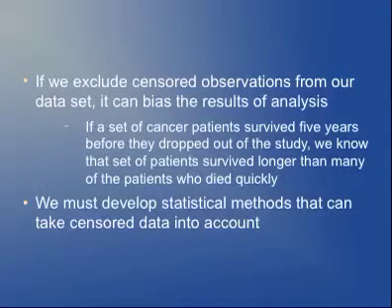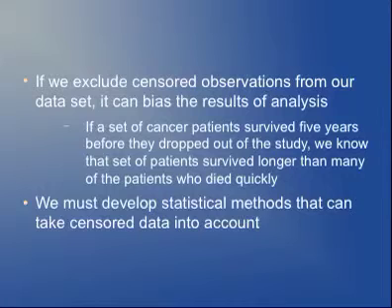For example, if you know that a large segment of your cancer patients survived at least 5 years, maybe these were the patients who were cured or the patients who had good treatment outcomes. If you exclude all of those, then the only remaining patients in your study are those with the poor outcomes, and you end up with a severely biased sample and incorrect conclusions.